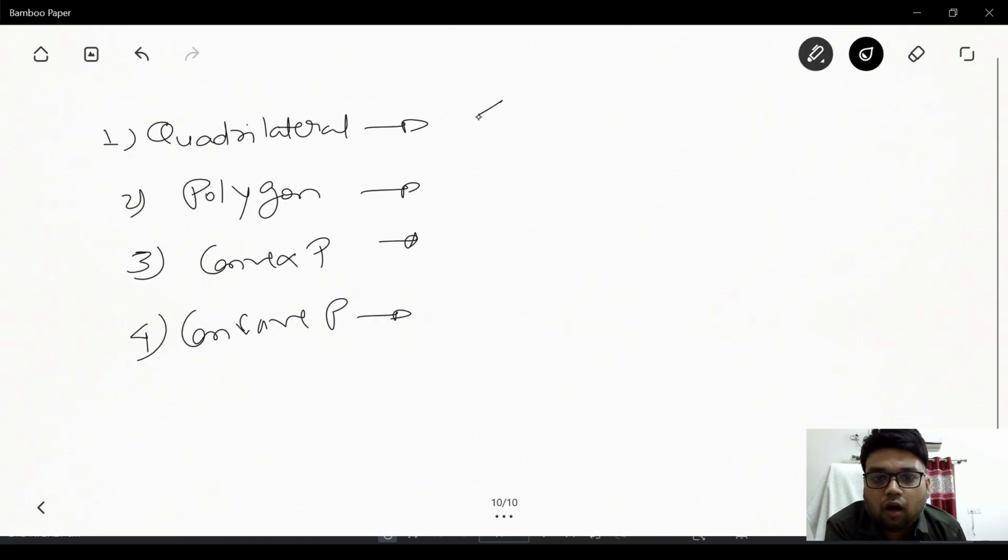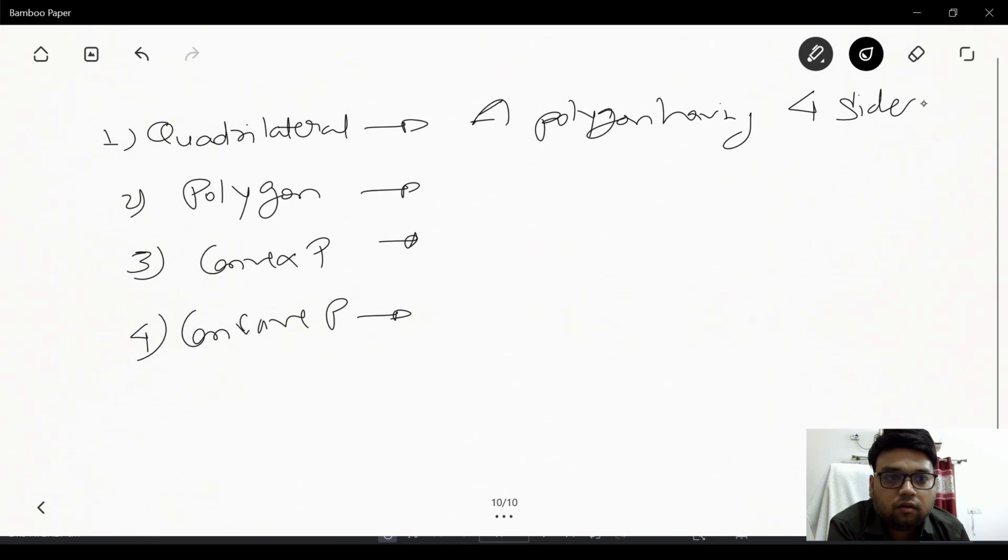A quadrilateral is nothing but a type of polygon having four sides. Its examples may be a square, a rectangle, a rhombus. But the main characteristic of a quadrilateral is that it must have four sides.